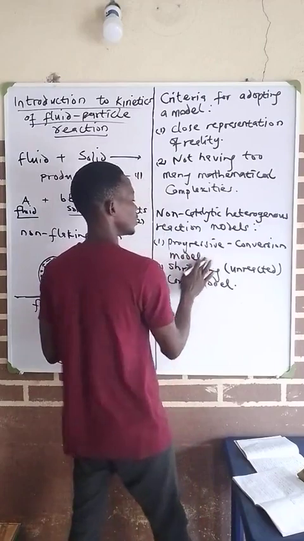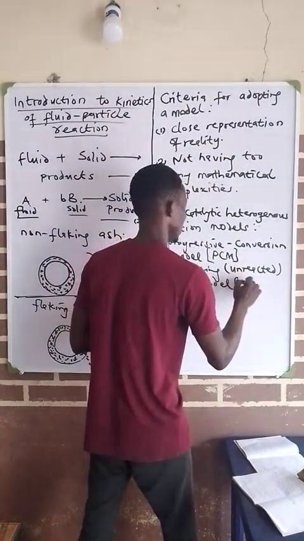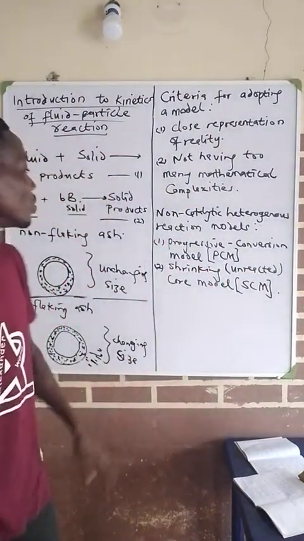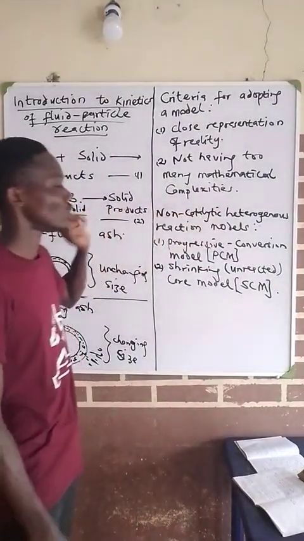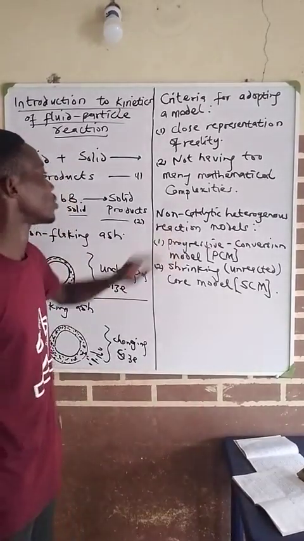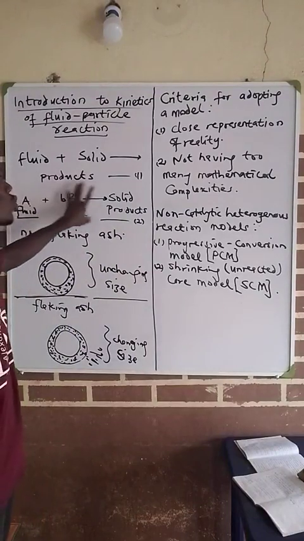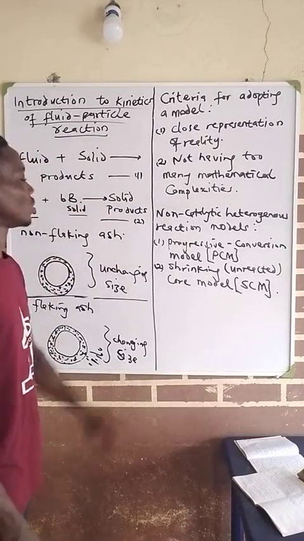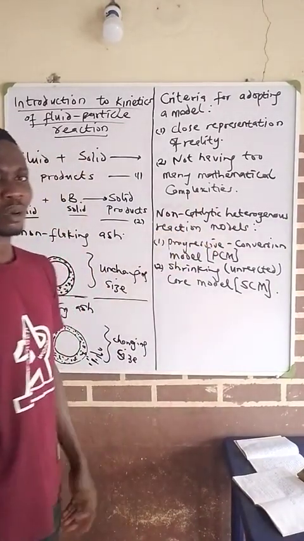The acronym for the first is PCM, and the acronym for the second is SCM. These are the two predominant models for non-catalytic heterogeneous reactions, that is, for a fluid reacting with a solid to give products. Remember, we are concerned with solid products. Now, what is the progressive conversion model all about?